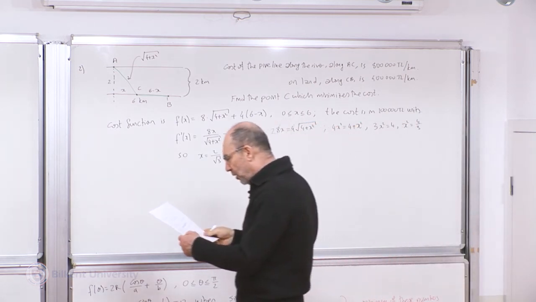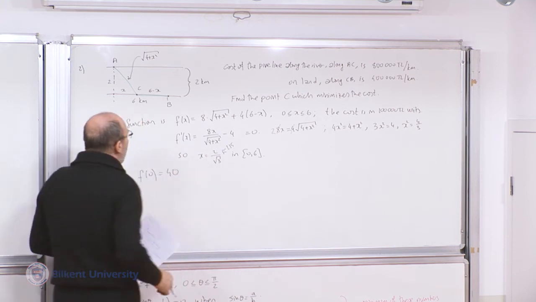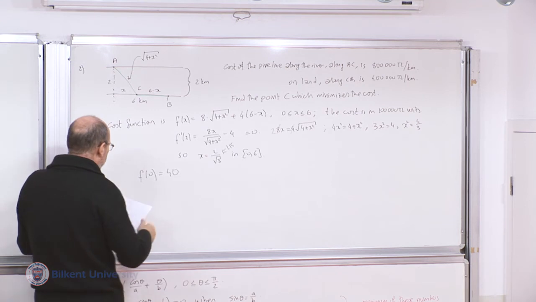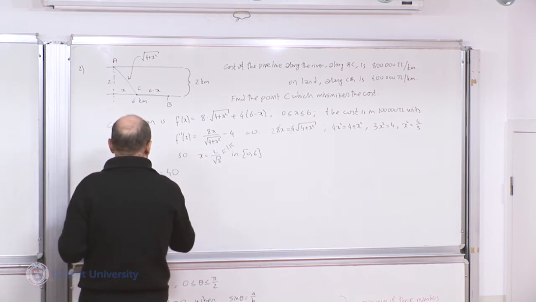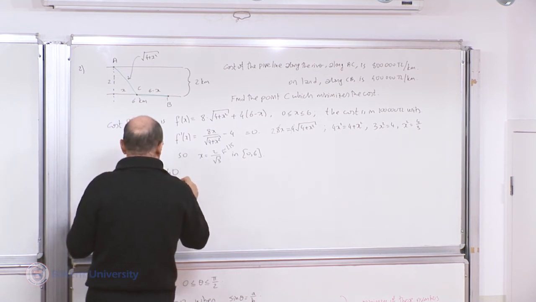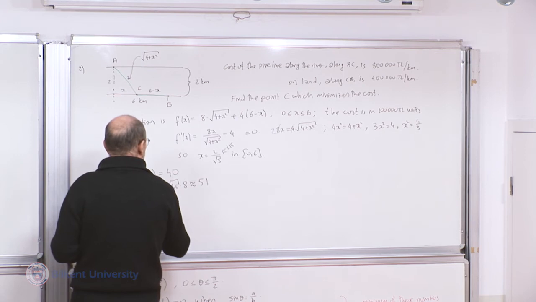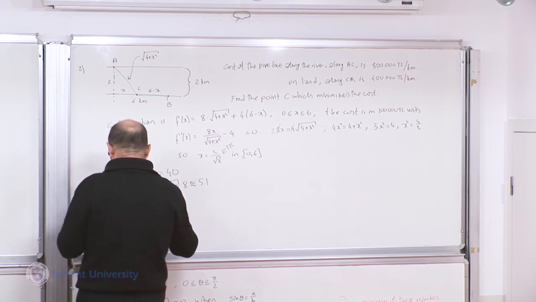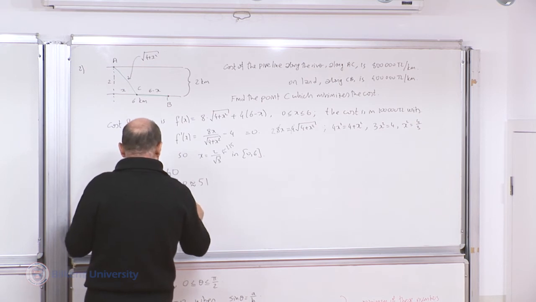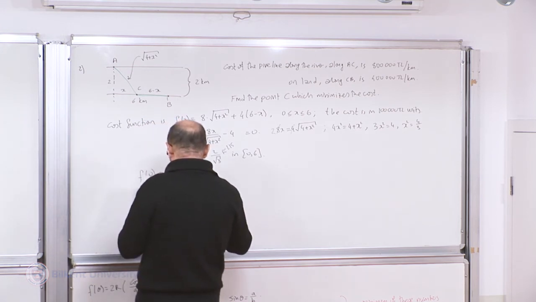So let's see what I did. I just calculated these. f of 0 is 40. f of 6 at the other end point is the square root of 40 times 8. Obviously, this is not going to be the minimum. It's approximately 51. And at the critical point, 2 over square root 3, you get 8 times the square root of 4 plus 4 over 3.